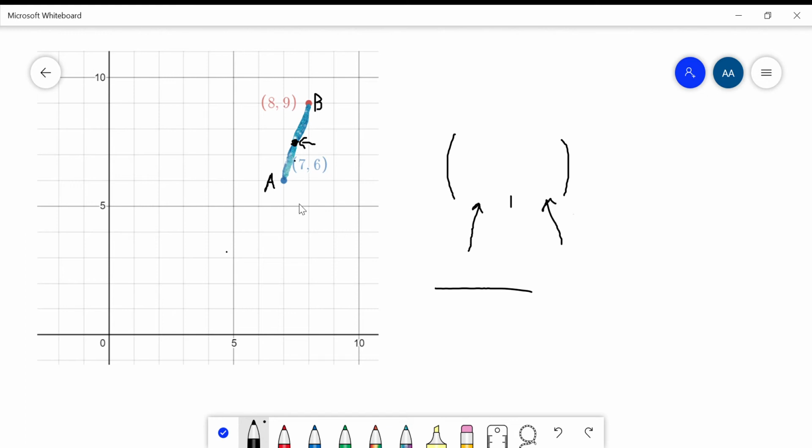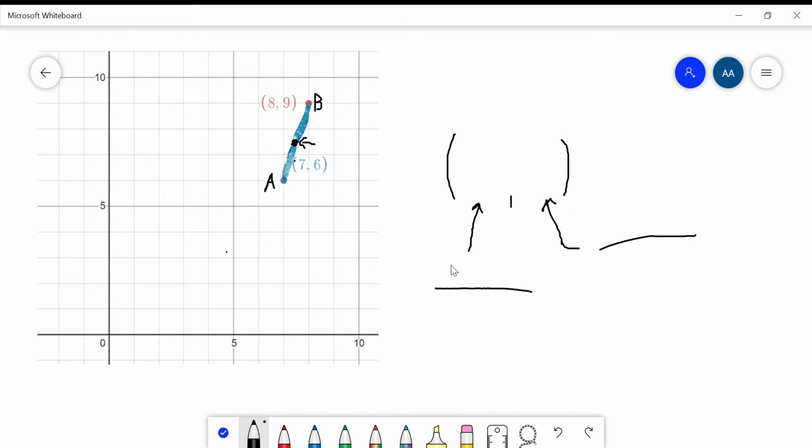So how would this appear on, and I'll move this line over here. What would be the coordinate of the midpoint? So we're going to do that right now, and we're going to take the average of the two x's.